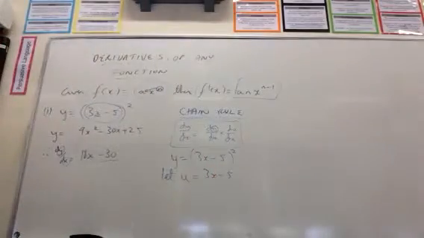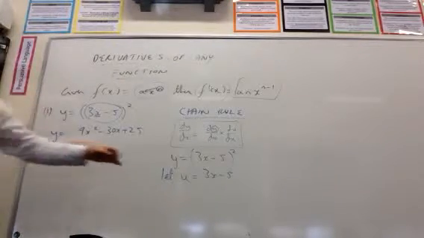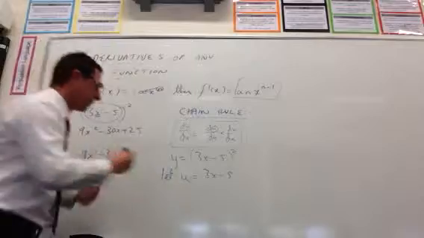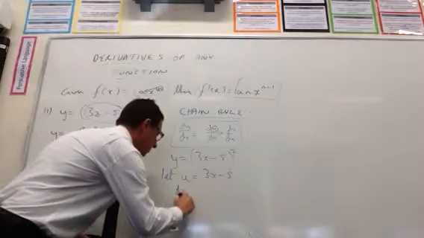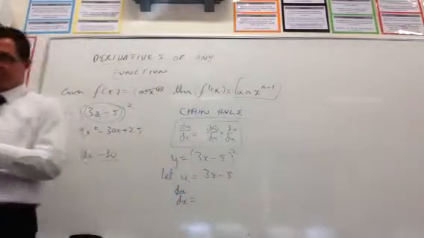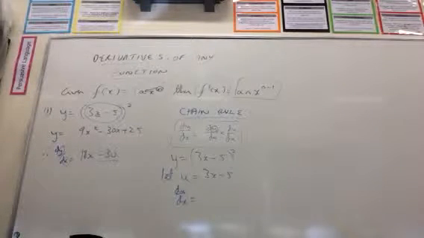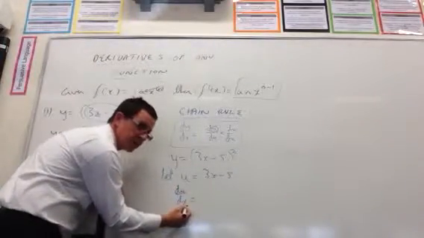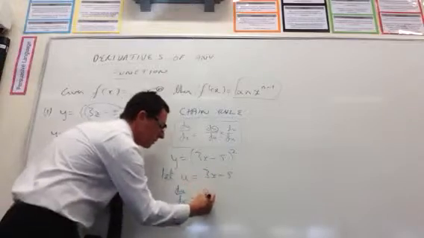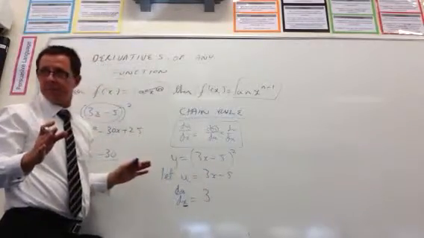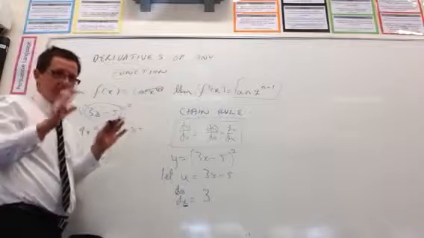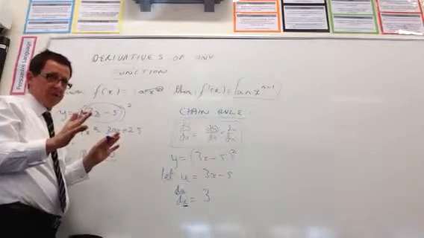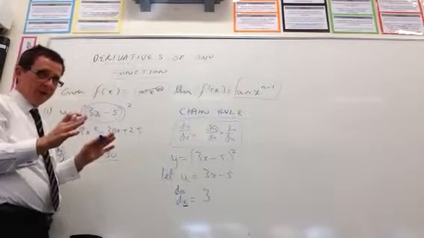That's my first simple job: I times it by 3 and I took away 5. 3x minus 5. As soon as I let u equal, my next line is du/dx. You let something equal u, you then find the derivative. So the derivative of 3x minus 5 in terms of x is 3. And guys who haven't done it before, you need to yell as soon as it doesn't make sense. You really do.